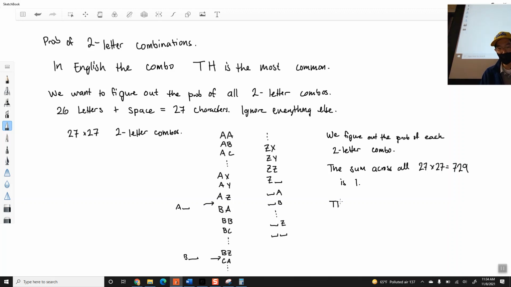TH will be the maximum, the largest value. And then QP will probably have a very low probability.